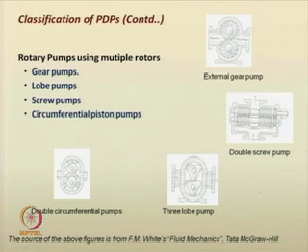Here you have double rotors, you can see the two rotors. In this also multiple rotors are there: double screw, double circumferential, 3 lobe pumps and so on. We are not going to discuss the design aspects of these machines.